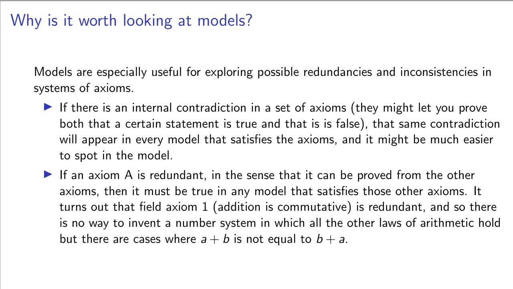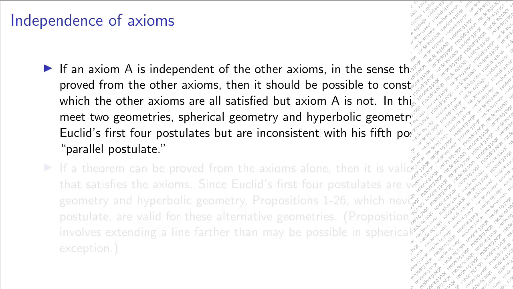In the case of fields, it turns out if you merely assume that axioms 2 through 9 are satisfied, you can prove that axiom 1 is satisfied. And that means, among other things, you can invent a scheme in which all the axioms except the commutativity of multiplication are satisfied. Such a system is known as the system of quaternions. But don't try to invent a scheme where all the axioms except the commutativity of addition are satisfied, because if all the other axioms are satisfied, you can prove that addition is commutative.